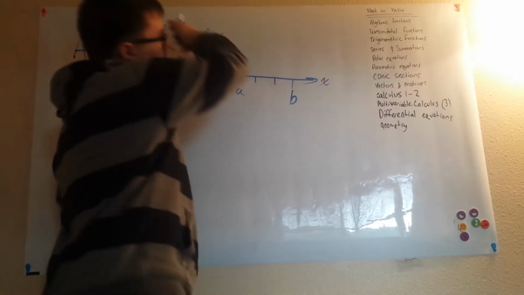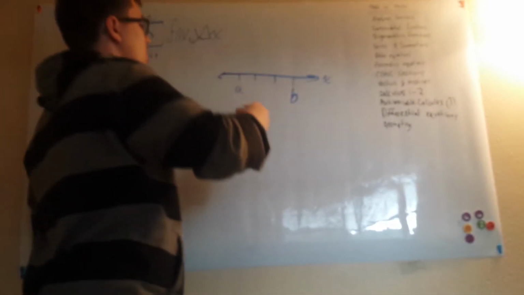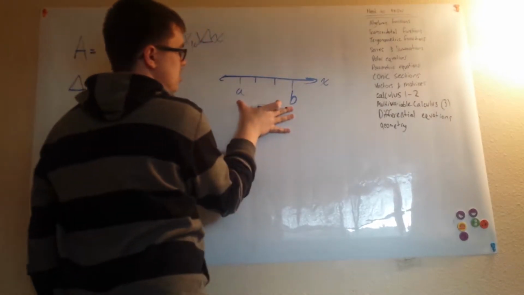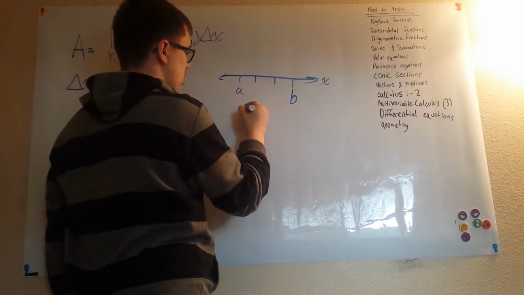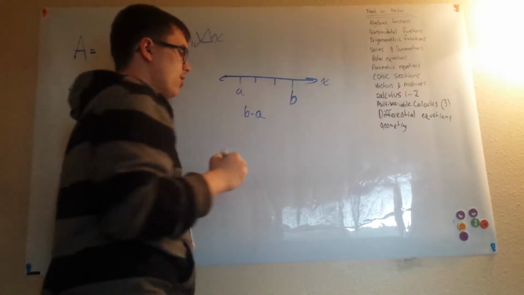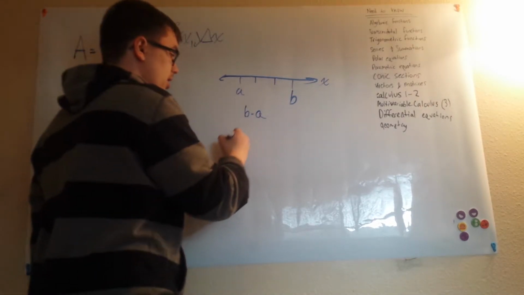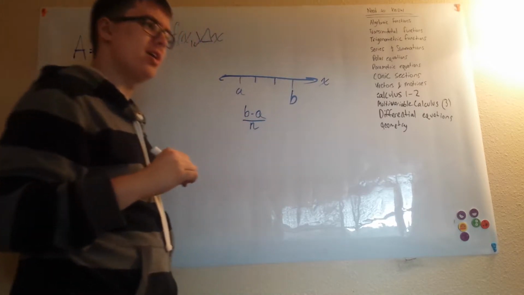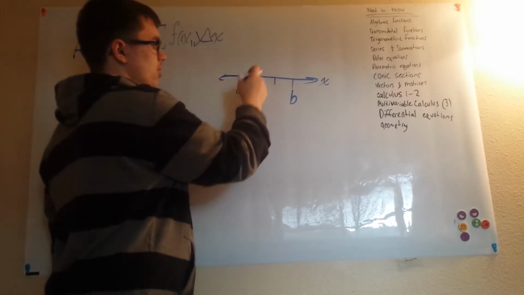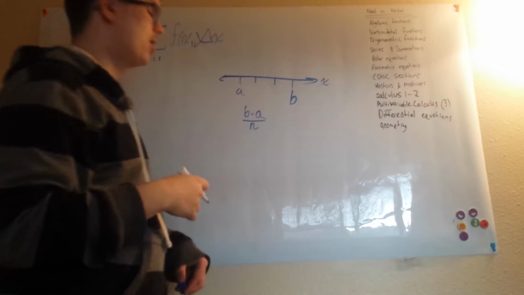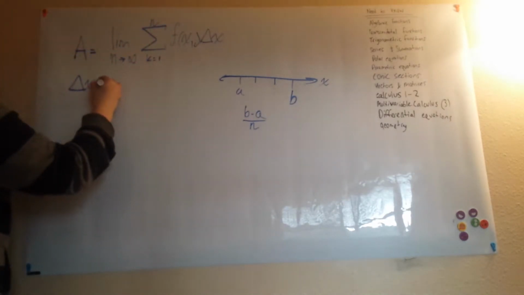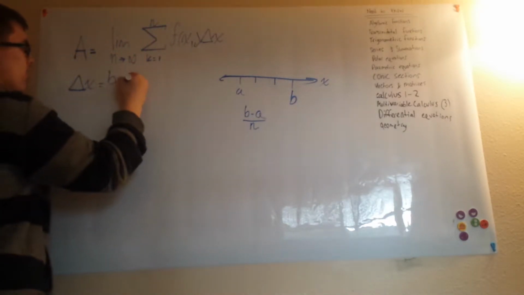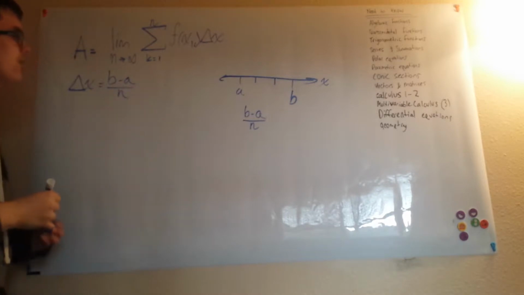So if n is the number of rectangles, what's the distance of this segment? It's b minus a, right? And we're dividing it into equal pieces, by the number of rectangles, right? That is the definition of delta x.